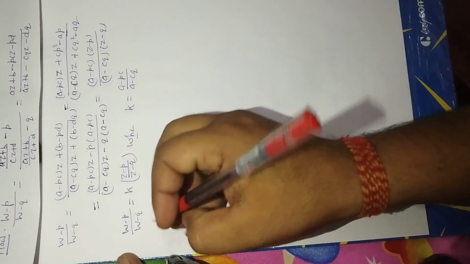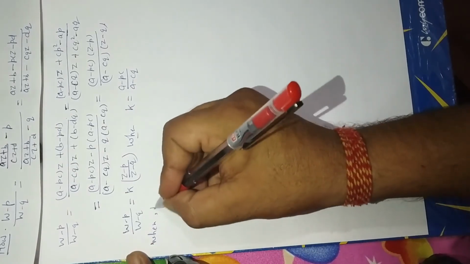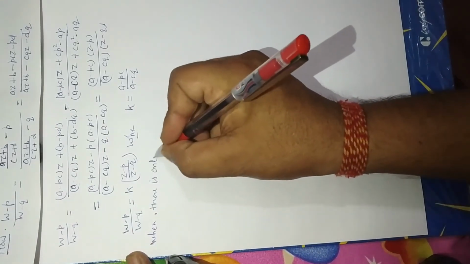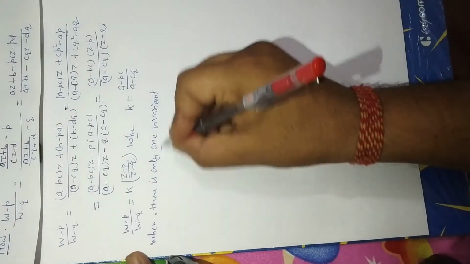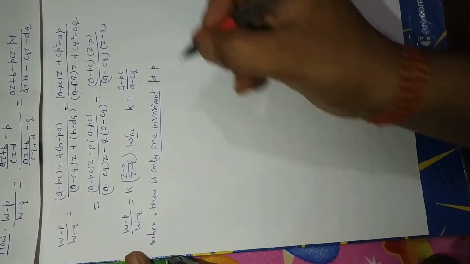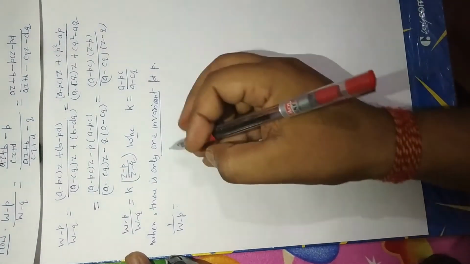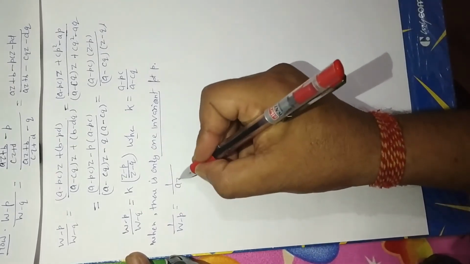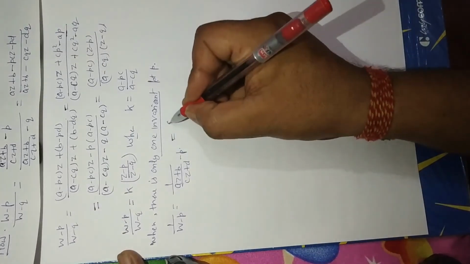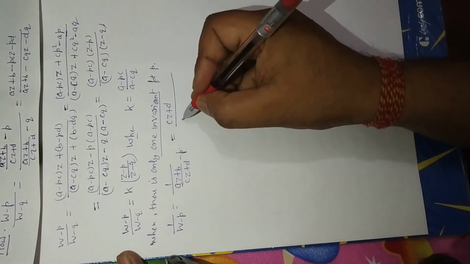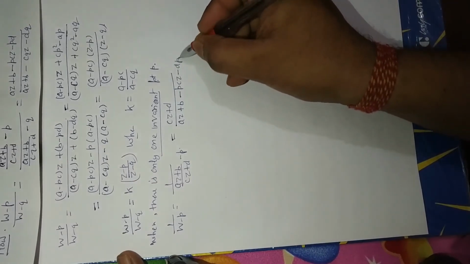Now when there is only one invariant point P, take 1 upon W minus P, which is equal to 1 upon, putting the value of W, (AZ plus B upon CZ plus D) minus P. Now this is equal to (CZ plus D) upon AZ plus B minus PCZ minus DP.